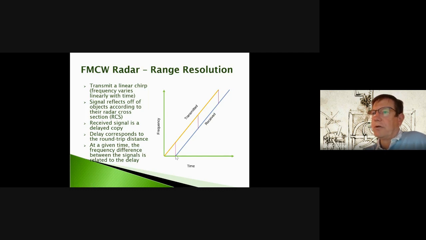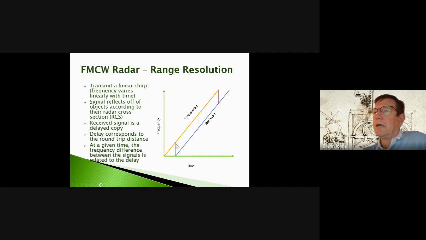It's just starting its chirp. But in the meantime, while this wave has been traveling out there and coming back, that signal at the transmitter port of that mixer has already ramped up in frequency, and it continues to ramp up just as the received signal ramps up.